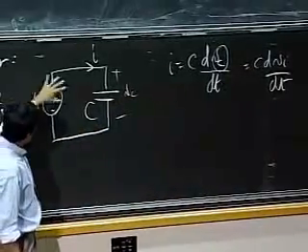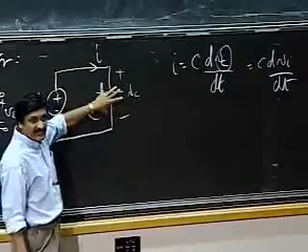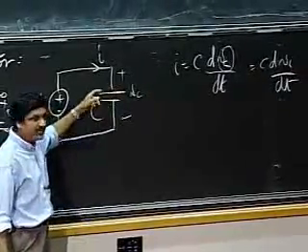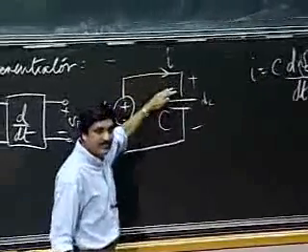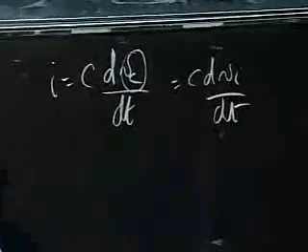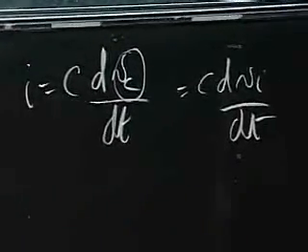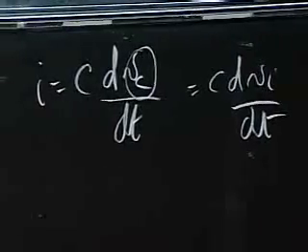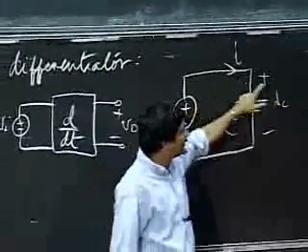So if I stick a voltage across a capacitor, like if my input voltage is stuck across a capacitor, then the resulting current relates to dVi by dt. So here we have the opposite problem. By doing this simple trick, I can obtain a current that has the right form.